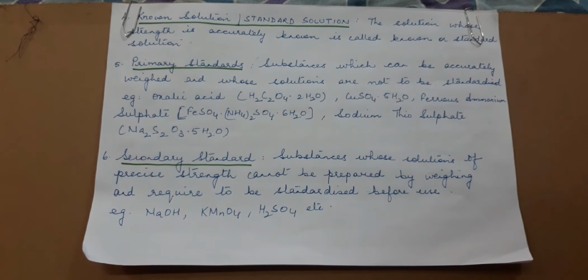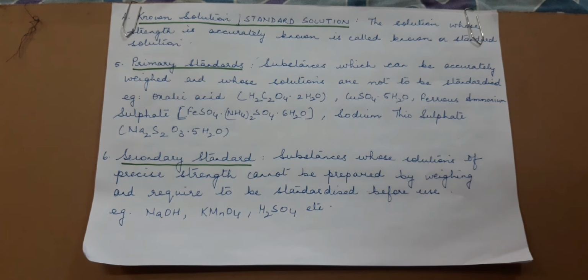Now, standards are of two types: primary standard and secondary standard. Primary standards are, for example, hydrated copper sulfate, ferrous ammonium sulfate, sodium thiosulfate, and oxalic acid. These are primary standards because I can simply take the amount in a weighing tube and weigh it on a balance. Suppose I need 10 grams of oxalic acid, I can weigh exactly 10 grams on a balance.